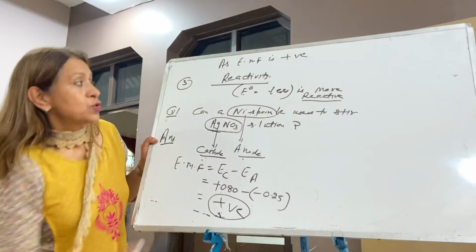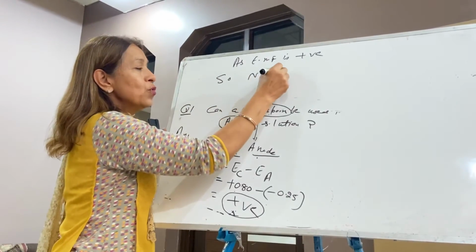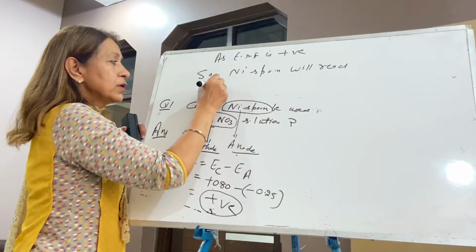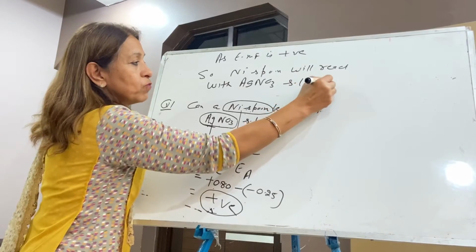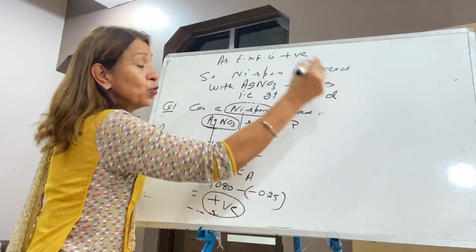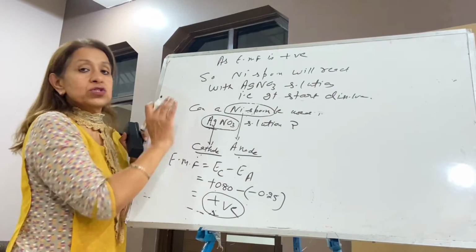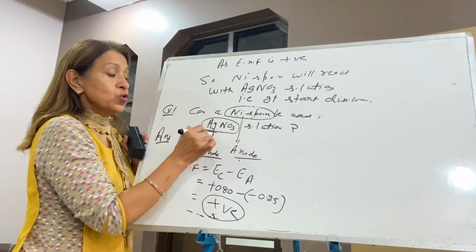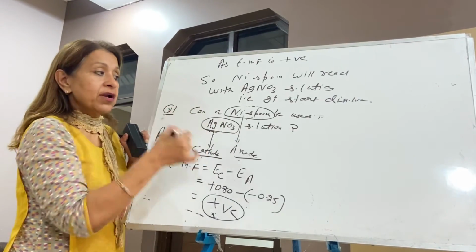So the nickel spoon will react with silver nitrate solution, that is, the spoon starts dissolving. So we cannot use this spoon. We cannot use a nickel spoon to stir silver nitrate solution because it reacts with the silver nitrate solution.